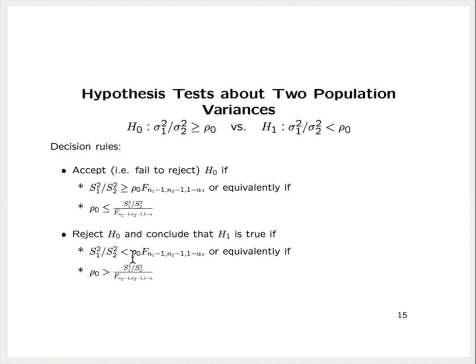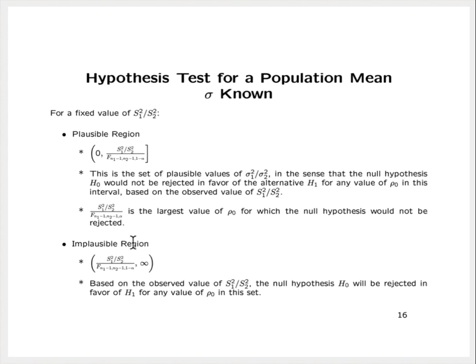We can take the second bullet point in each of the acceptance and rejection rules to come up with plausible and implausible regions. The plausible region is the set of plausible values of the ratio sigma 1 squared over sigma 2 squared, in the sense that the null hypothesis would not be rejected in favor of the alternative for any value of rho sub 0 in that interval, based on the observed value of S1 squared over S2 squared.